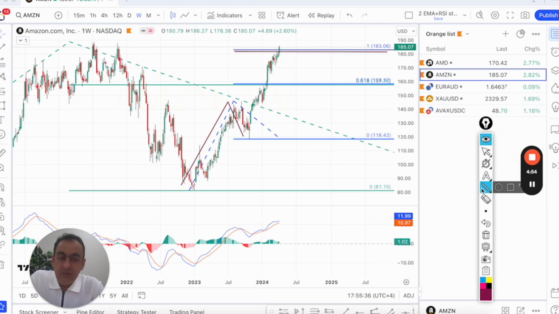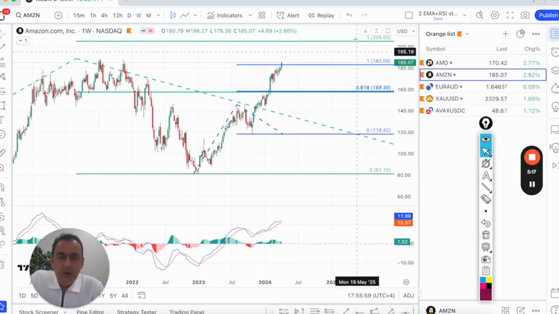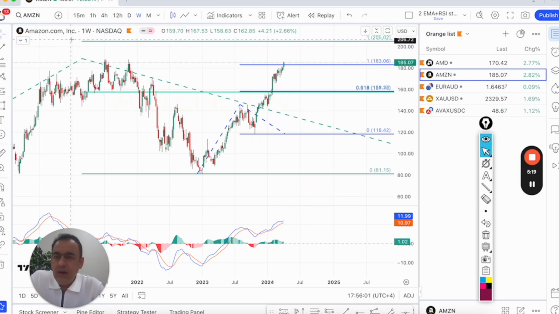So if you get a pullback, you may expect it to retrace towards the previous fib level, that's around 0.618, and the price level would be 158 to 160 if it gets into the corrective mode. Otherwise, the next extension level would be 205. So Amazon can easily continue its bull run towards 205. Currently we are at 185.